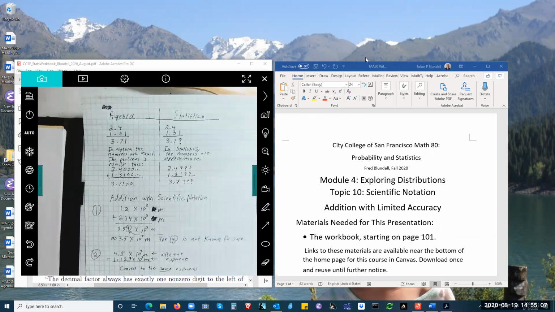Instead of saying times 10 to the third meters, I could just say kilometers, same thing. 3.54 kilometers, but the 4 is not known to be the truth because we don't know the second digit after 1.2, we don't know the next digit in that top number in the sum. So we only should report for a final result about 3.5 times 10 to the third meters.